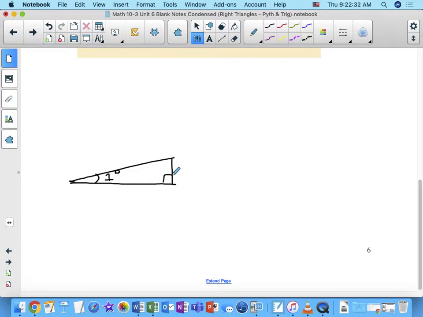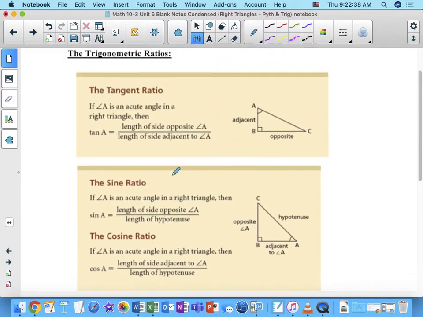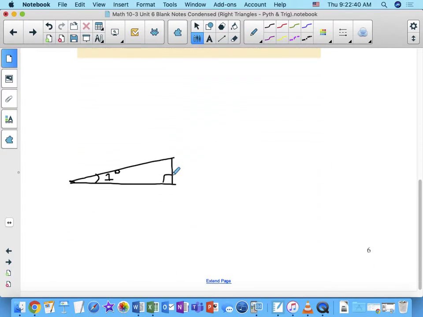This should go into your notes on the following page at the bottom. Sorry, I don't think you guys saw that, but I did scroll to the next page. I did that quite quickly. This is sort of where trig comes from.